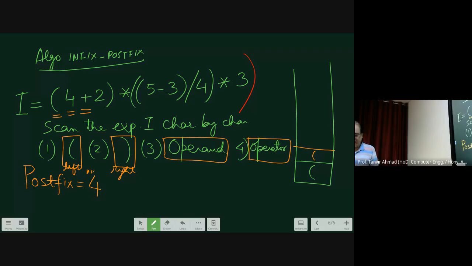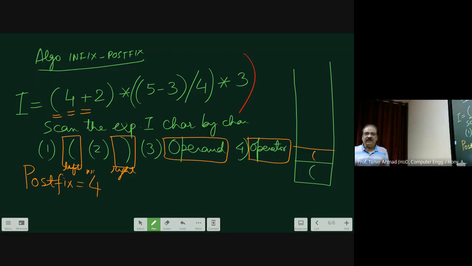I keep adding them into the expression until I have popped all the operators which have higher or the same precedence as the operator I have found.